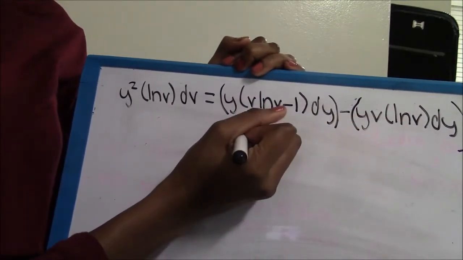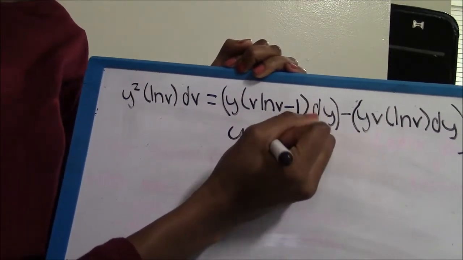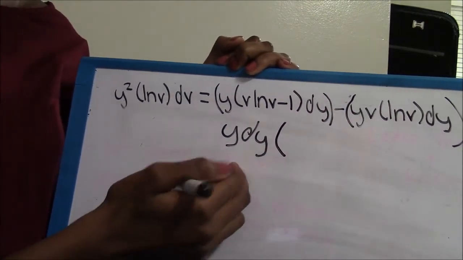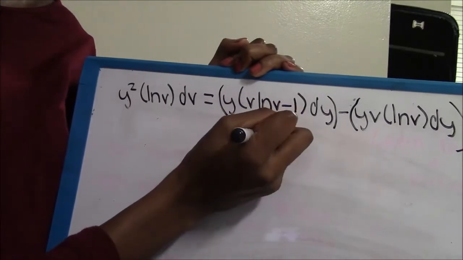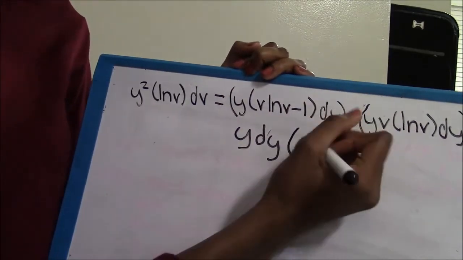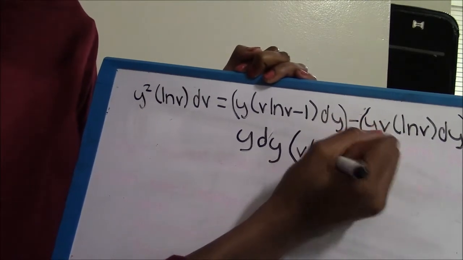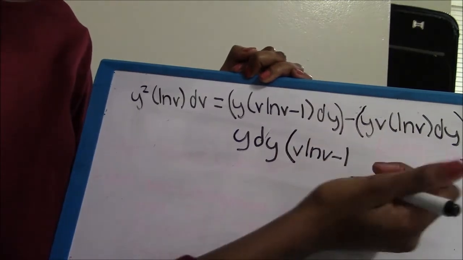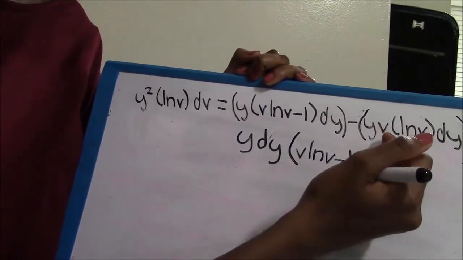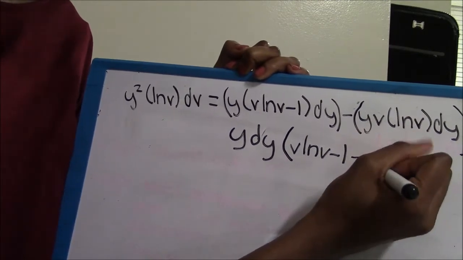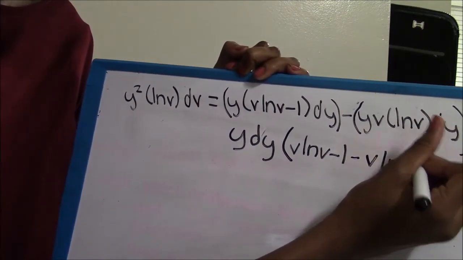So we're going to say y dy, because that's what we took out. And then whatever's left over, we're going to put v ln of v minus 1. And in here, what's left over is v ln of v. So we're going to say minus v ln of v.